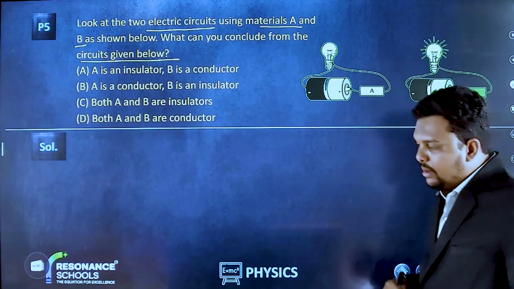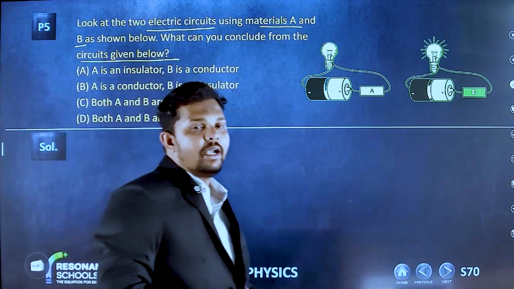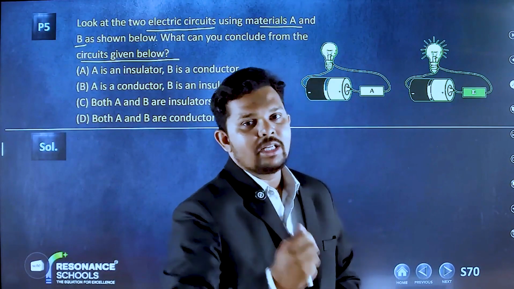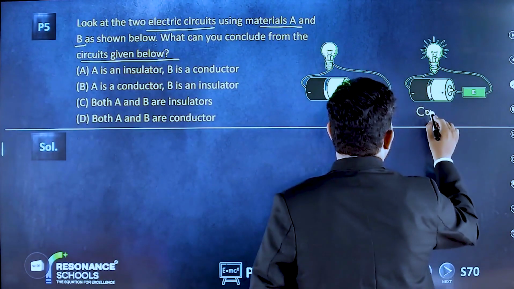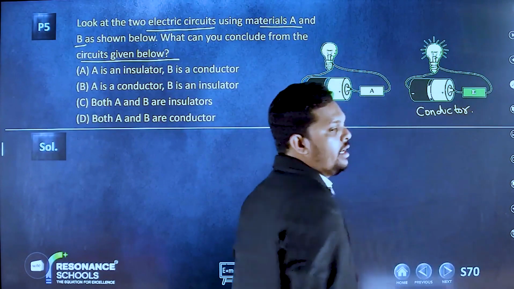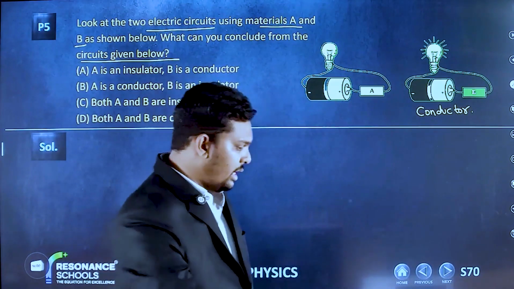A bulb glowing means there is a possibility that B can be treated as a conductor, which allows the current to pass through it. So I can treat this case as your conductor. What do you mean by the term conductor?